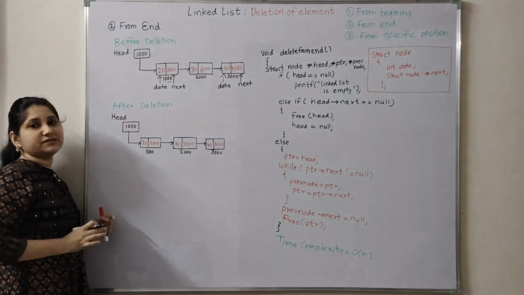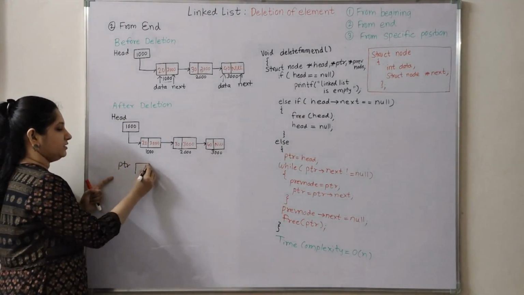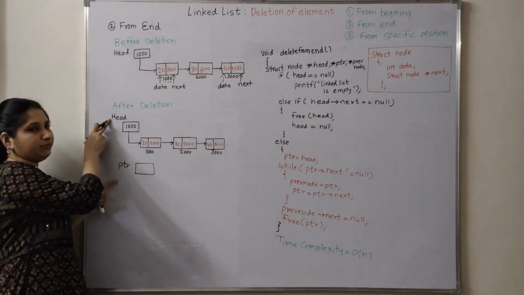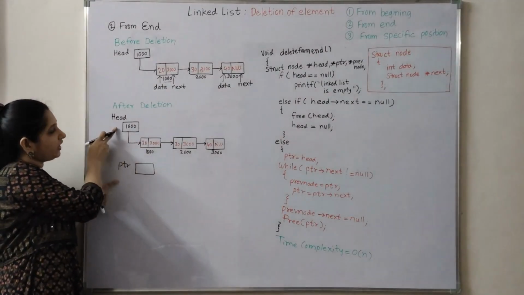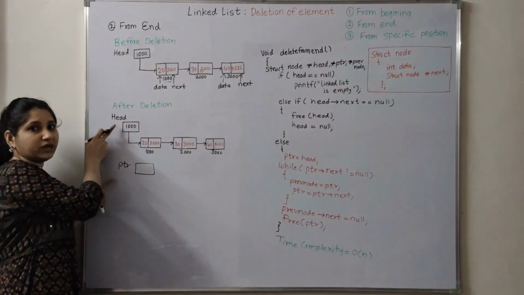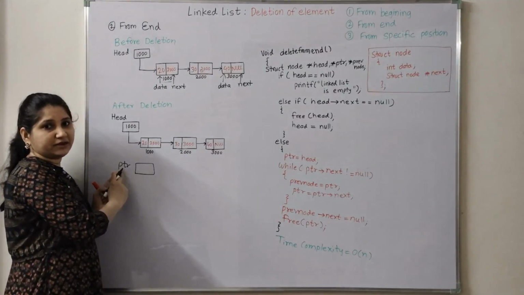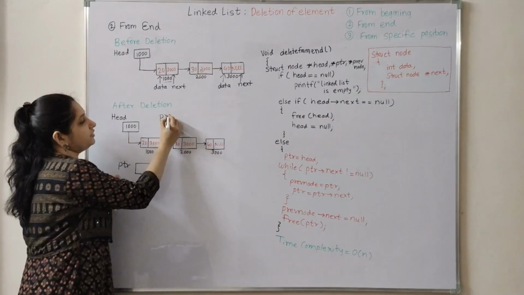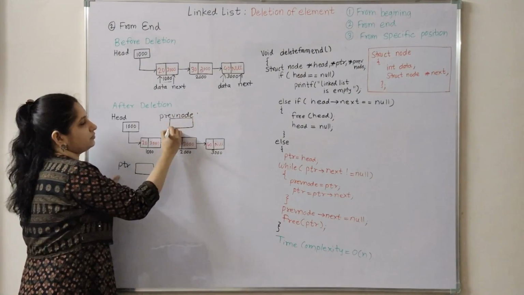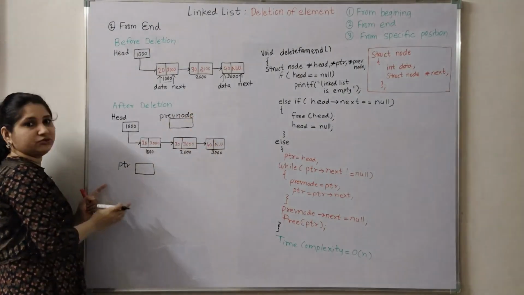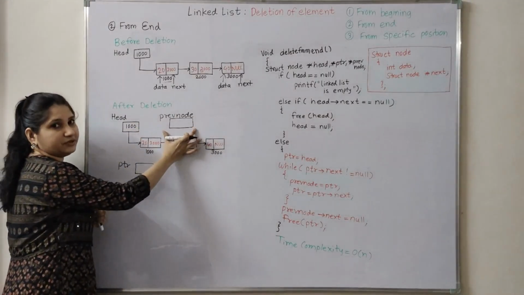The first is head, which will point to the beginning of the linked list, and the address stored there is 1000. We require 2 more pointers: the first is the PTR variable and the second is the previous node pointer variable. So now we have 3 pointers: head, PTR and previous node.